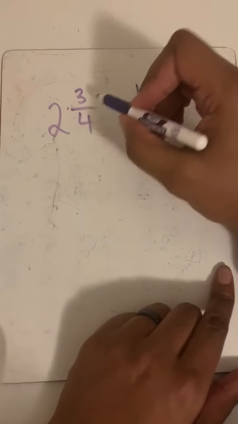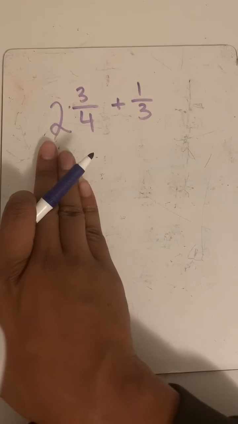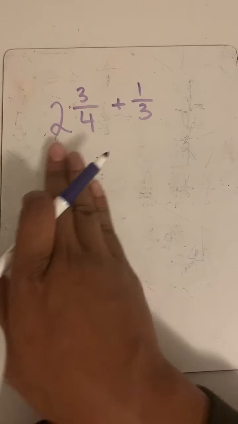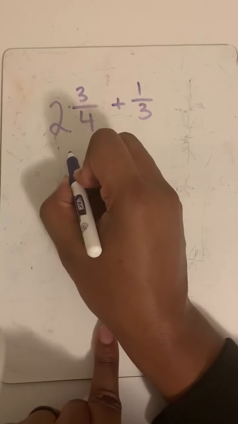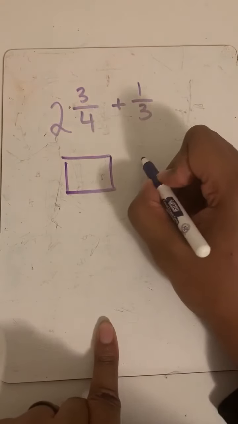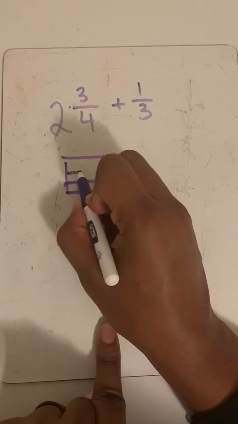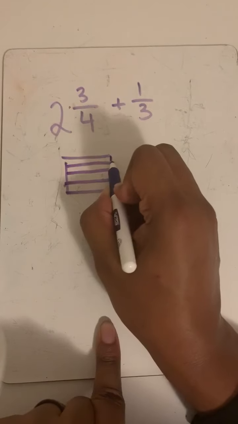So I'm going to model 3/4 and 1/3, and I'm just going to leave the 2 to the side. We'll add that in later. Let's do 3/4 first. Draw my square, and let's draw that a little bigger so that we can see. Cut it into 4 parts: 1, 2, 3, 4.